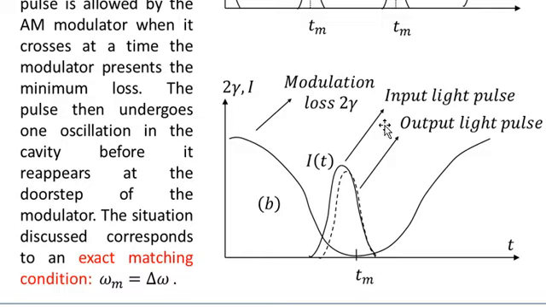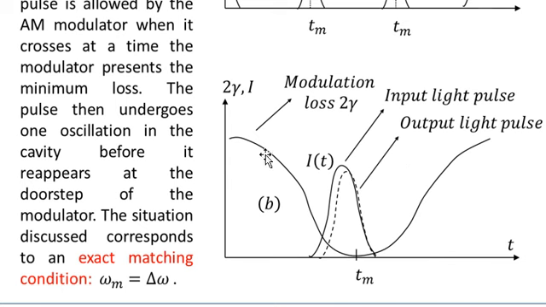And I am considering a magnified version of the above figure, because I am considering only one laser pulse and only one pattern of the modulation loss function, 2 gamma.